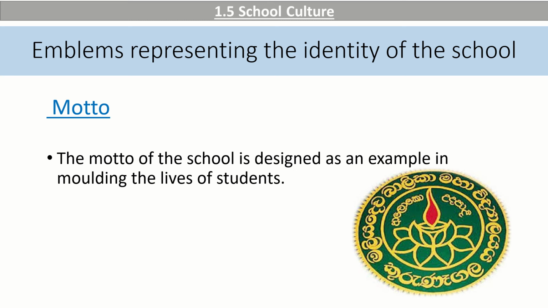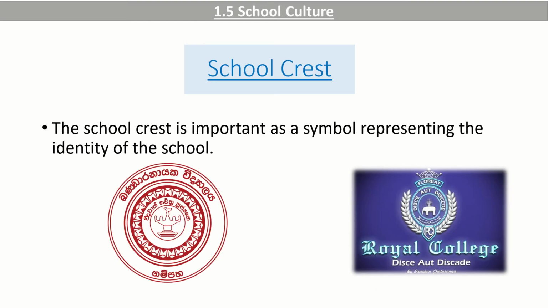You have to make this an exact example in your life. The motto is very important, my children. So the motto, Adarsha Pate. Next, the next important emblem is the school crest or school logo.